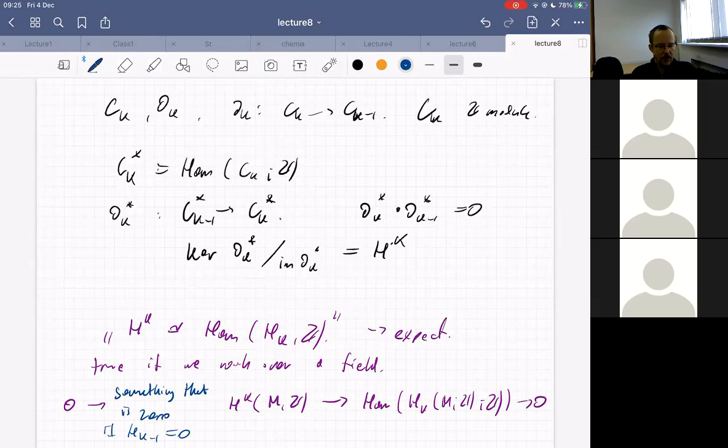Okay, so unless I screw up the arrows. I suppose it's conversely, because Hom is left exact when you fix the left variable.